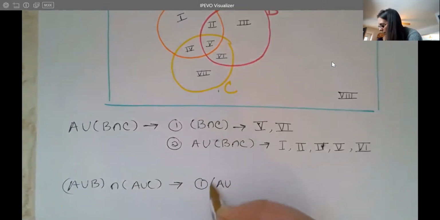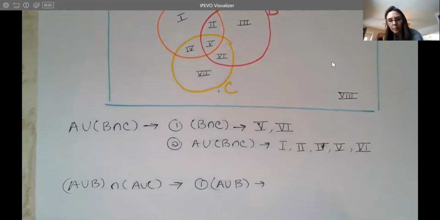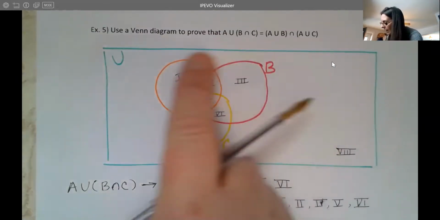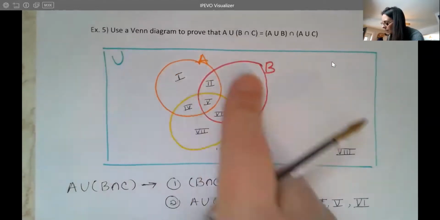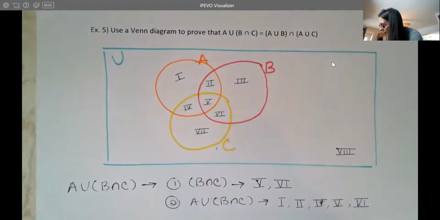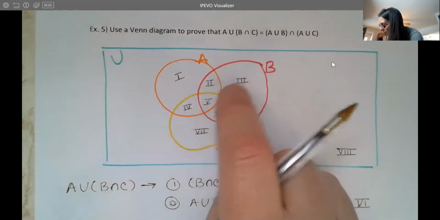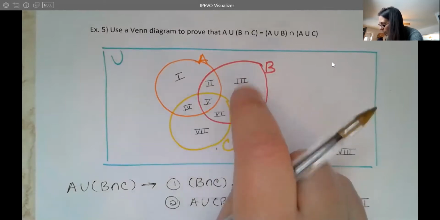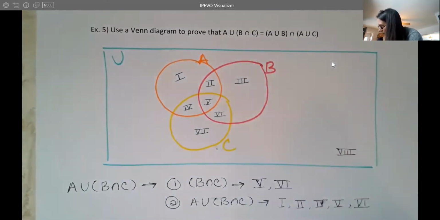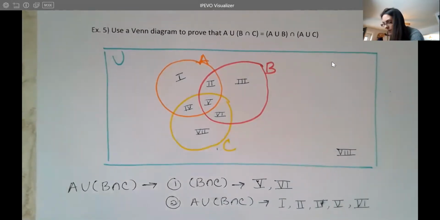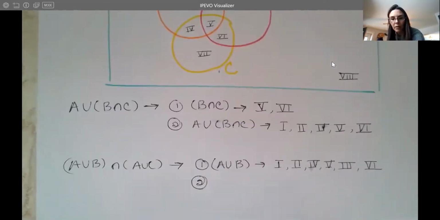So I'm going to do A union B. I'm looking for all the regions that contain A or B. So I have 1, 2, 4, and 5 for A. Then B contains 2 and 5 already, but then also 3 and 6. I'm just writing those down here.